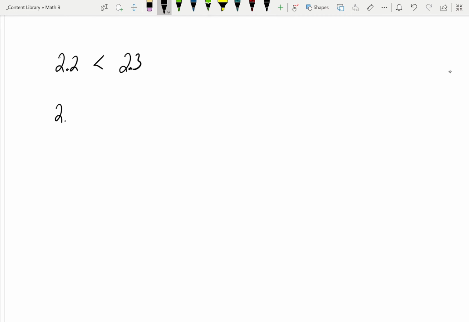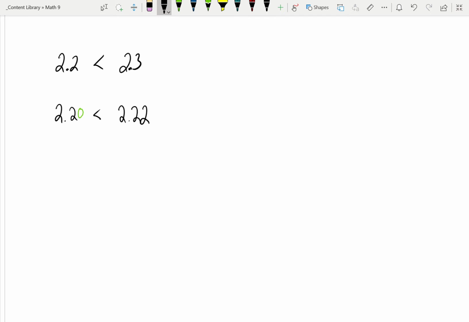Okay, well, how about 2.2 versus 2.22? Might be a little bit more of a challenge, but a lot of you will automatically see that there's a little 0 here that's not being shown, and then it's easy to see that 2.22 is bigger.